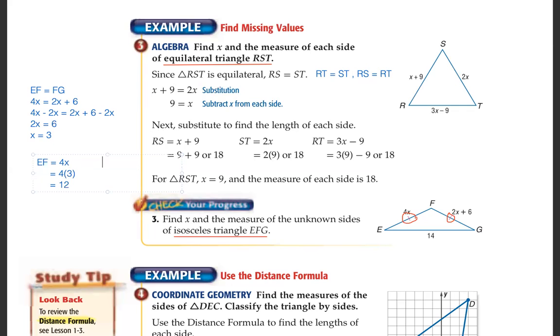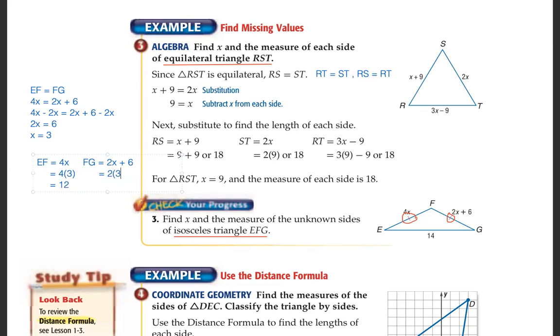What about FG? FG is equal to 2x plus 6. So what is your x? Again, our x is 3. So we replace the x with 3.